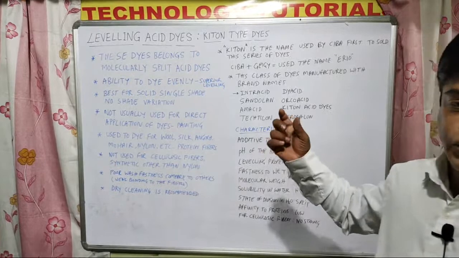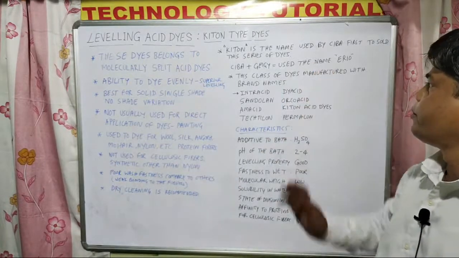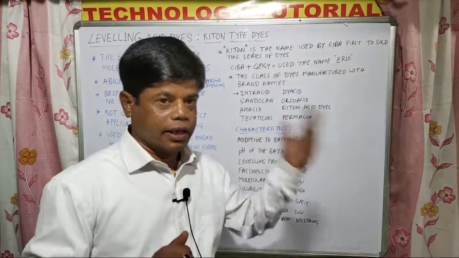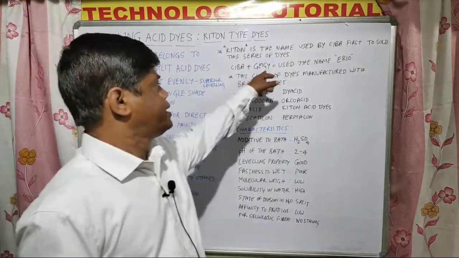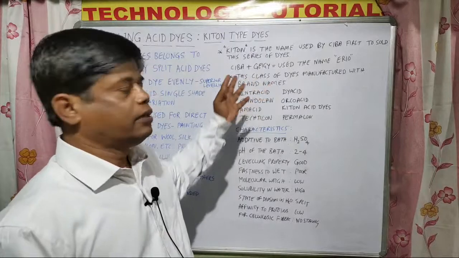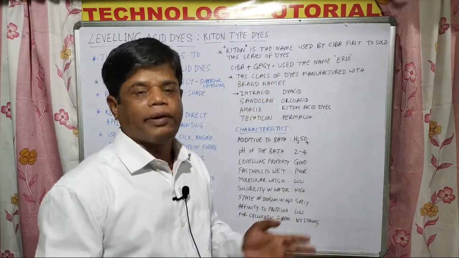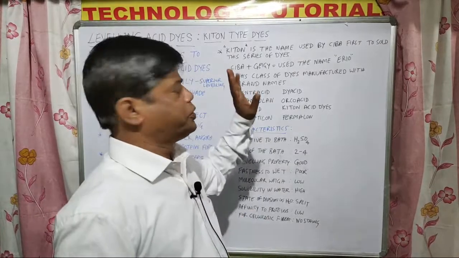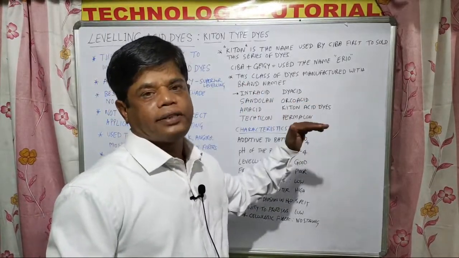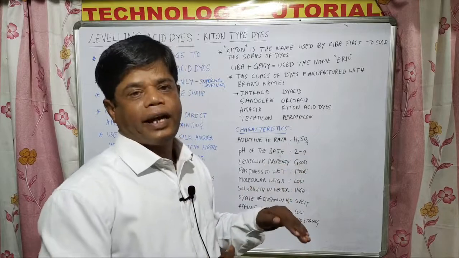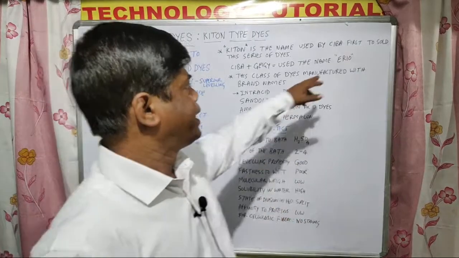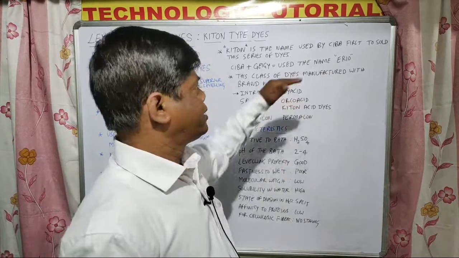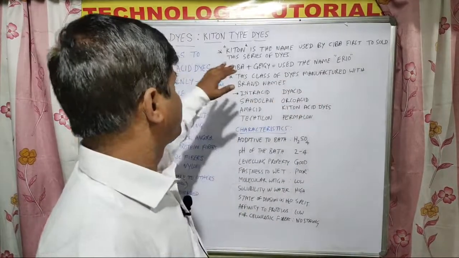After that, Ciba merged with Geigy, the other manufacturer, and together in a manufacturing collaboration they marketed this class of dyes under the name Eriochrome. It is also called the Eriochrome class or the Ketone class of dyes.